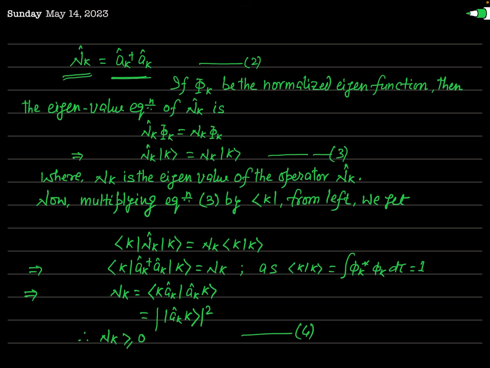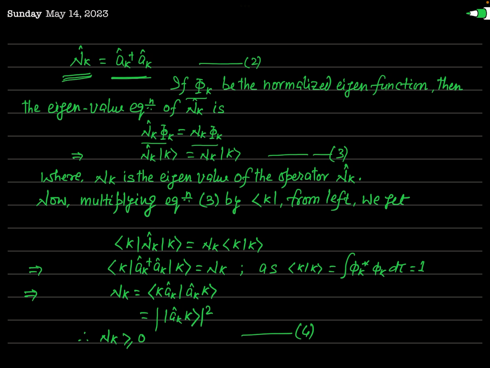For this, we consider that phi k is a normalized eigenfunction. Then you can write the eigenvalue equation for this operator nk hat like this: nk hat operated on phi k is equal to nk phi k. As you can see, nk is the eigenvalue of this operator nk hat.